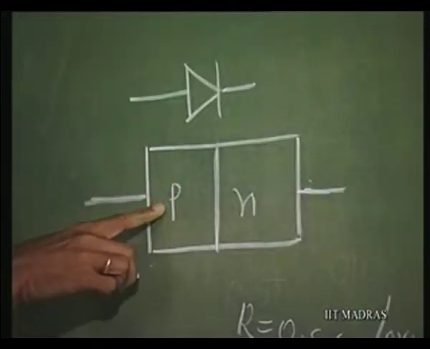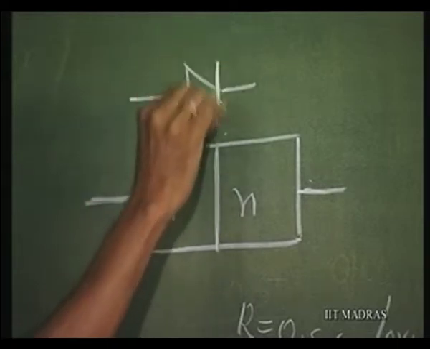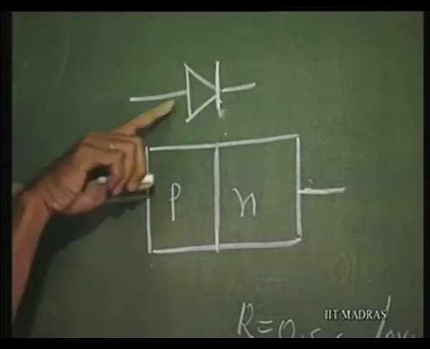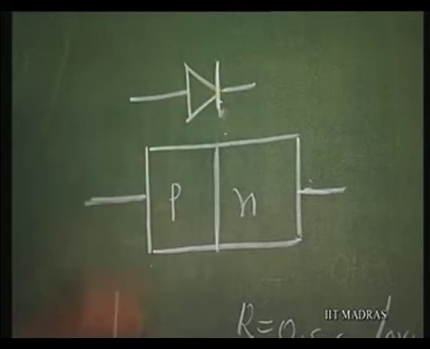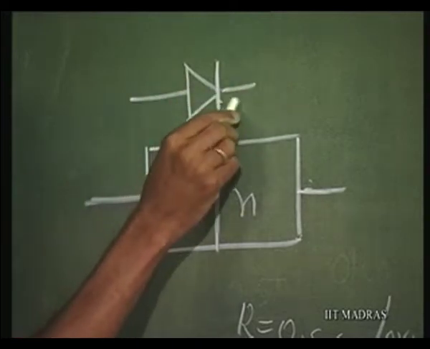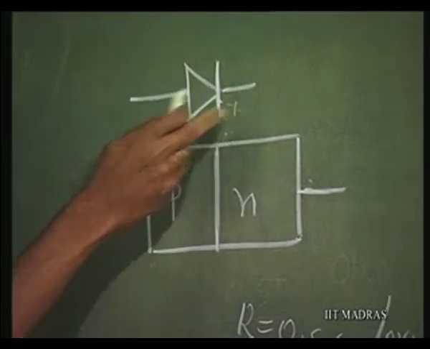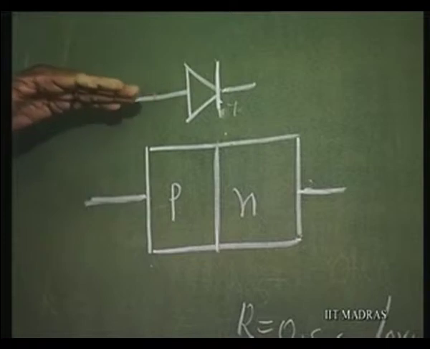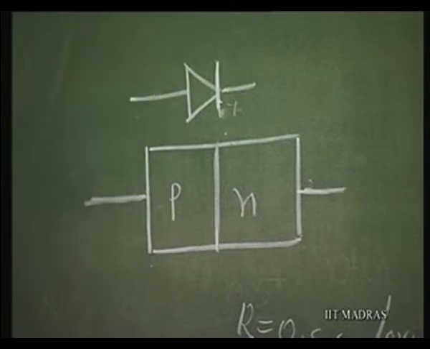The P side is going to be made positive and the N side is going to be made negative when you forward bias it, and when you reverse bias it, the N side is going to be made positive and the P side is going to be made negative. So, this is what is called biasing.